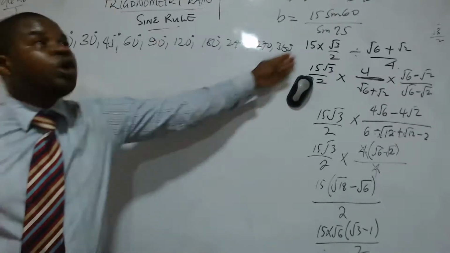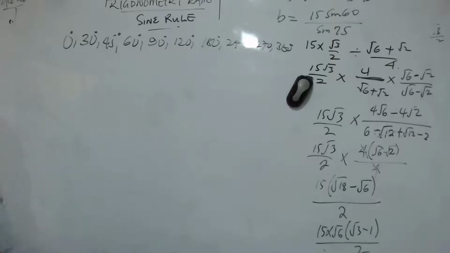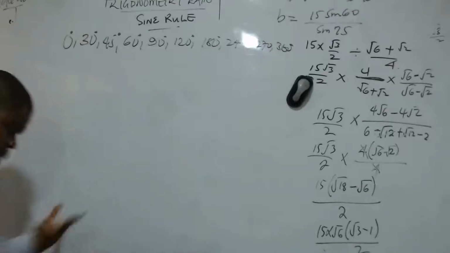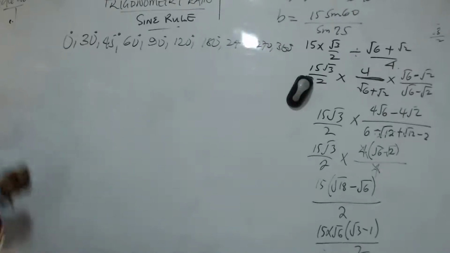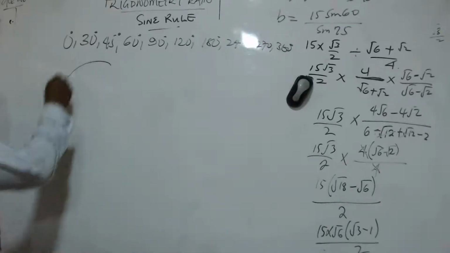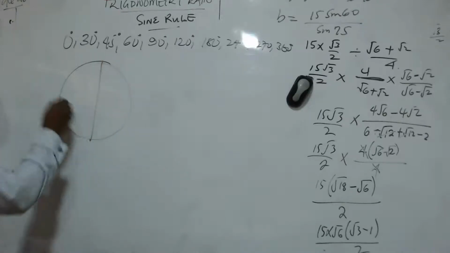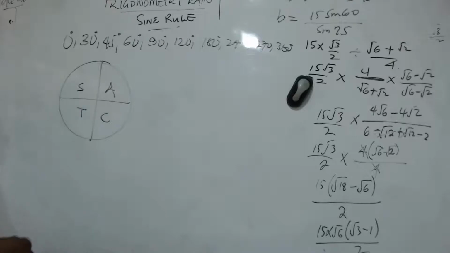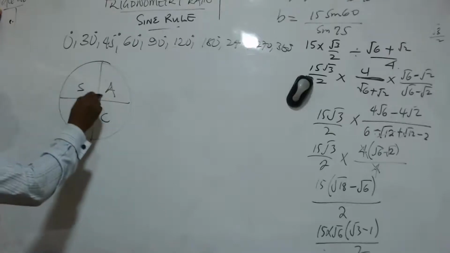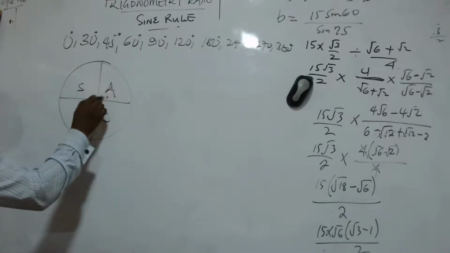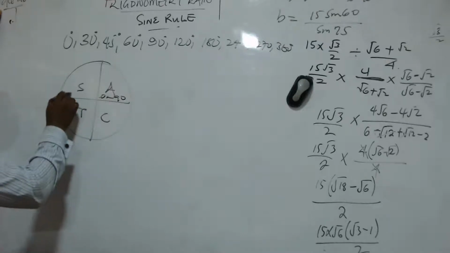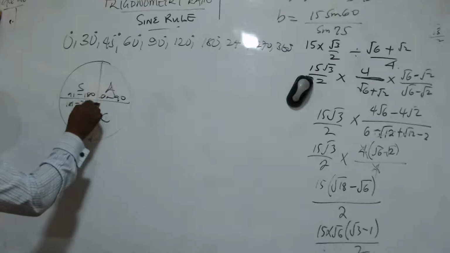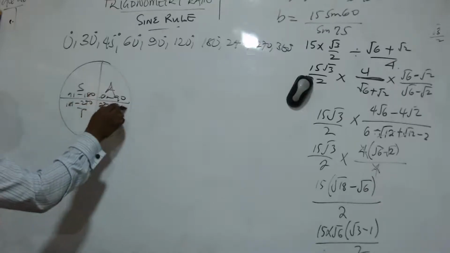Now, how do we get all this? Because our angles cannot give us this. But how do we get this? We will now go back again to our quadrant. From the first one we did, we drew something like this. We now name this A, S, T, and C. Now, here is 0 to 90, 91 to 180, 181 to 270, 271 to 360.